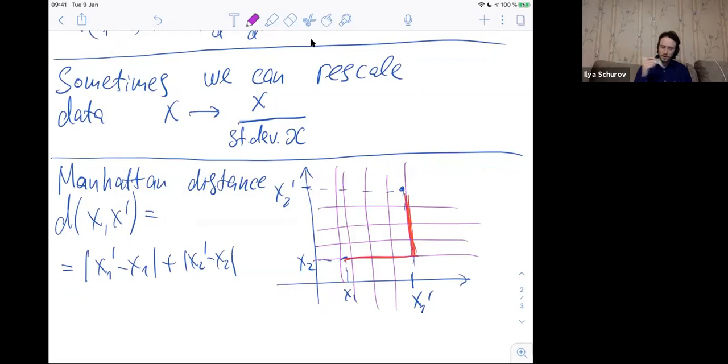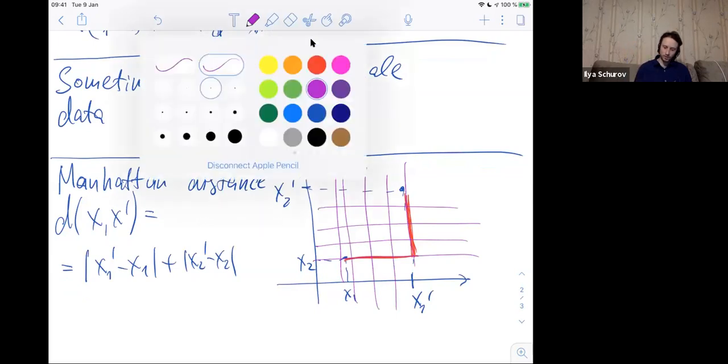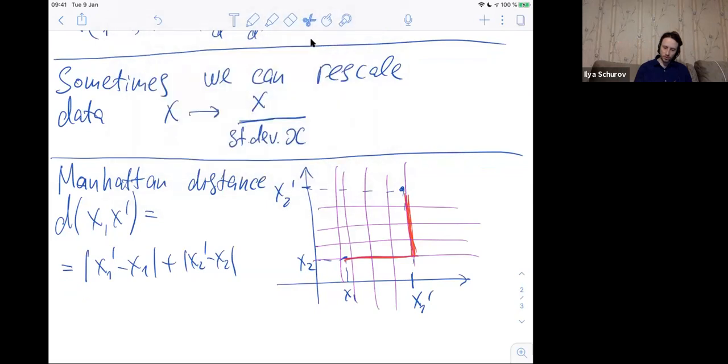Yes. If you have a grid that consists of streets and avenues, and you have to go from one point to another, from here to here, you can go like this, or like this, or like this. But whatever path you choose, the length of this path will be the same, and it will be equal to this plus this.